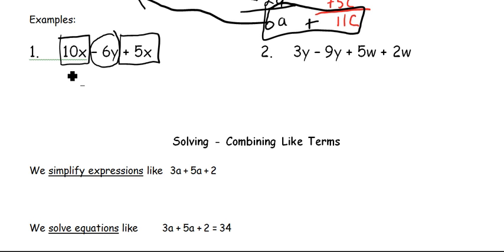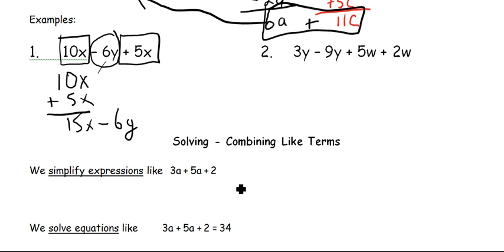All right, let me put my boxes together. 10x plus 5x gives me 15x. And I don't have anything to do with that one, so I'll just bring down the whole thing, minus 6y.